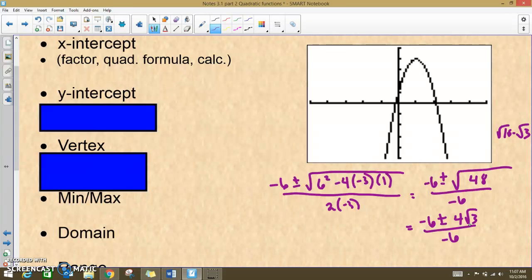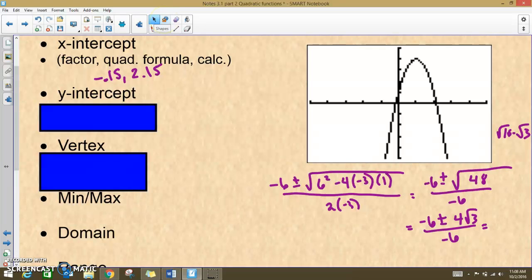So probably you might need to punch that into your calculator to get a decimal equivalent. So it comes out as, and I'm going to write it up here under x-intercept, negative 0.15 and positive 2.15. Okay, so those are x-intercepts.